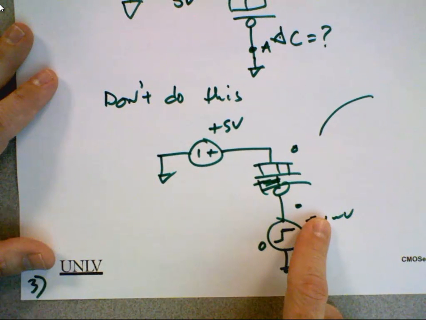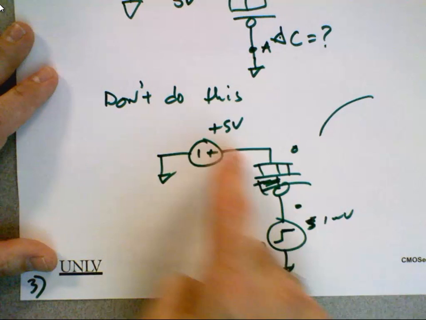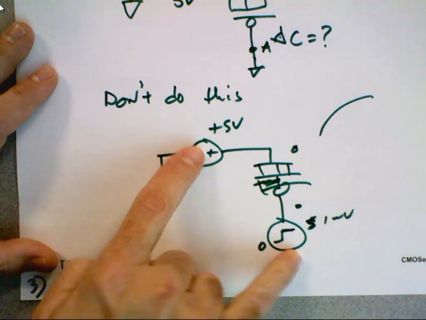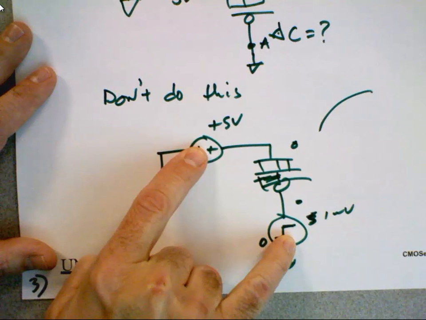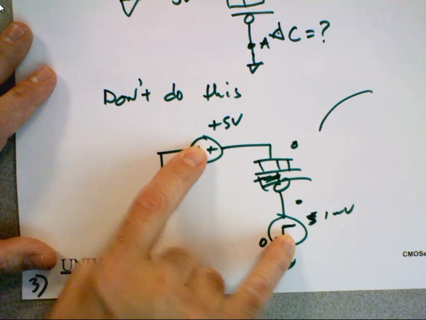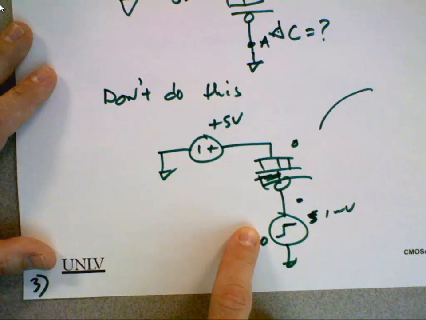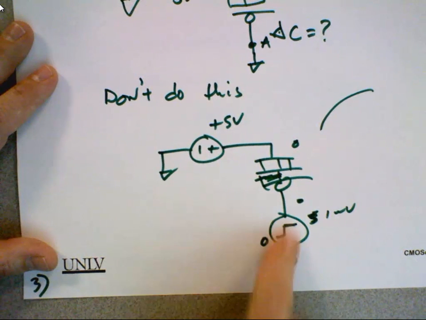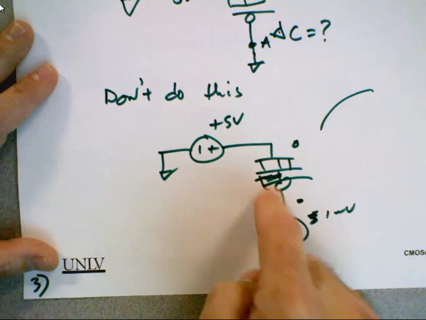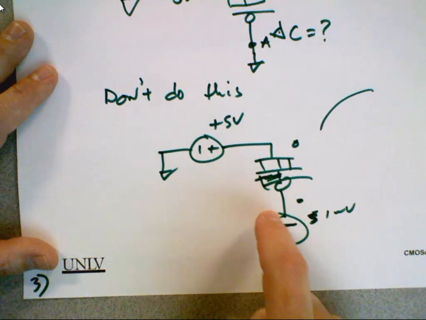And that's how you characterize the capacitance of a device. When you're at 0 and 1 millivolt, for all intents and purposes, it's still 5 volts across the device. But you put this little signal here, and now all of a sudden you're able to look at the step response and measure the capacitance. Does everybody follow?